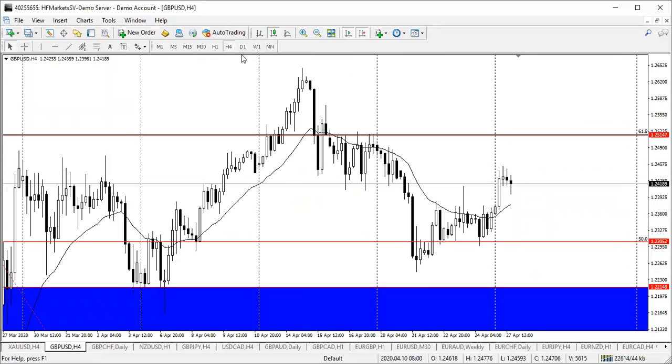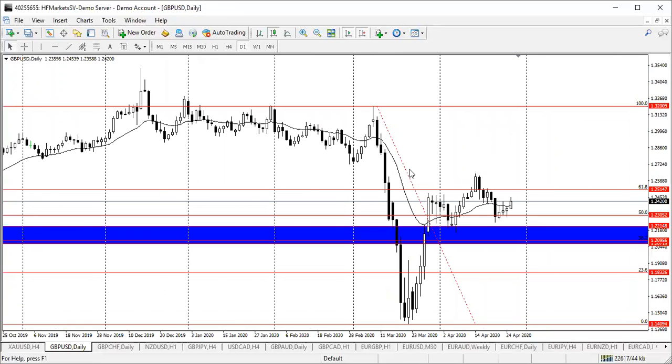So look at the fib I drew here. Look at price reaction. Let me also say this before I forget: you can also choose to work on H4 instead of D1, because if you work on H4, you might not have to wait as much as I'm going to wait.